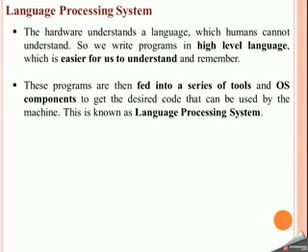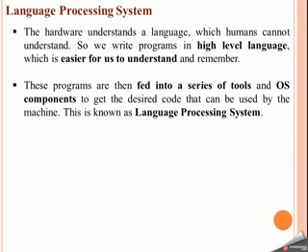So moving on to the next, before discussing what a compiler is, what an interpreter is, let's have a look into the language processing system. Why am I discussing the language processing system? Whenever we tend to translate a high level language into a form which is easily understood by the underlying hardware, we require a translator, as I've already told you.